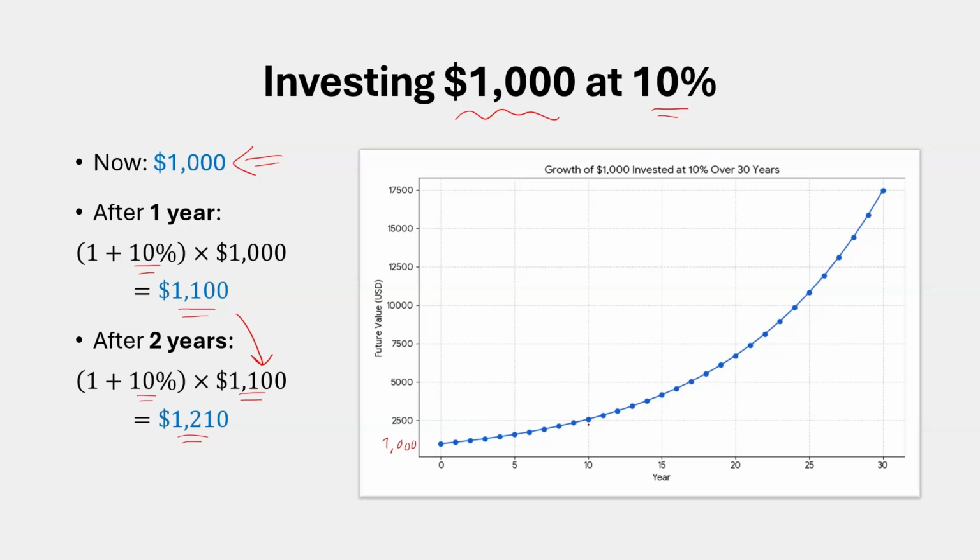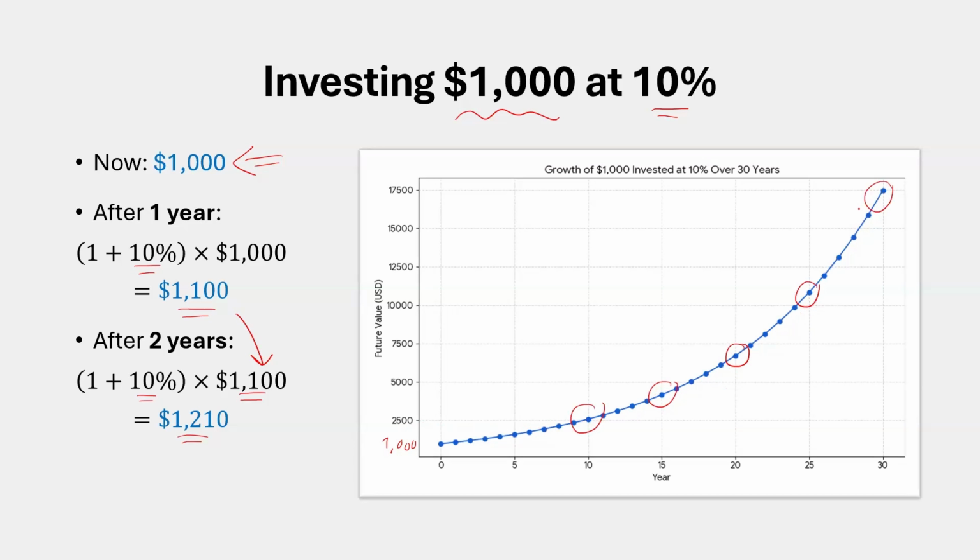Okay? So for example, by the time of 10 years, our balance will grow to $2,500. Then it will nearly reach $5,000 in 15 years' time. It will approach $7,500 in 20 years. It will exceed $10,000 in year 25.